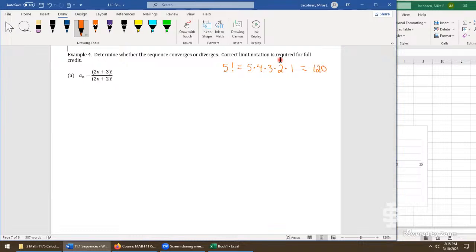It's a function that grows extremely rapidly because 6 factorial is this number times 6. So in other words, 6 factorial equals 5 factorial times 6, which means it's 120 times 6, which means this is getting large really quick. Let's see, 12, carry the 1. I think that's 220. And that pattern just keeps on going forever.